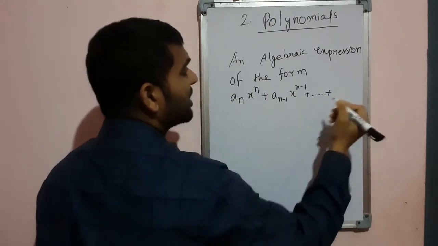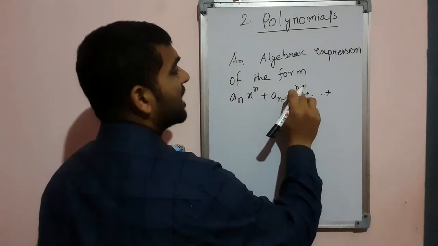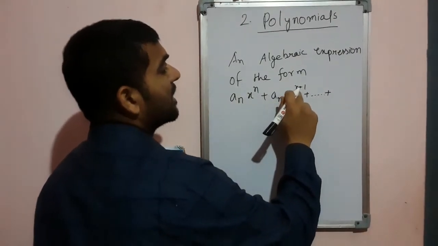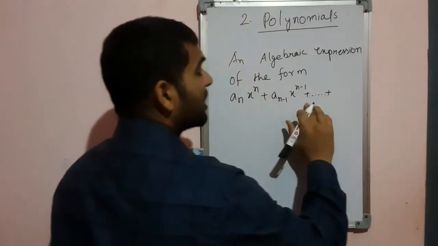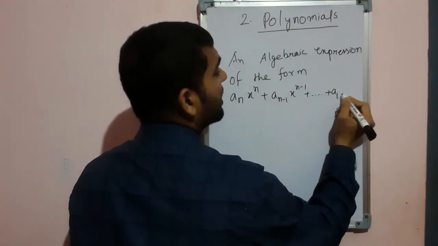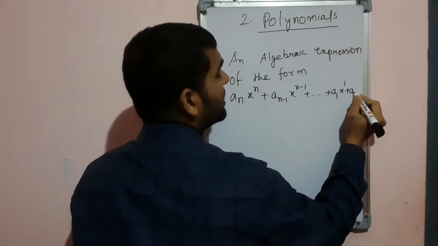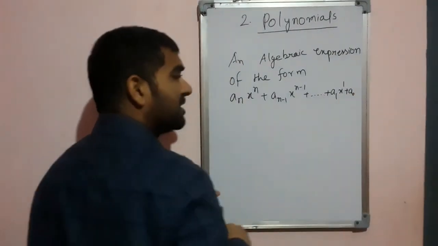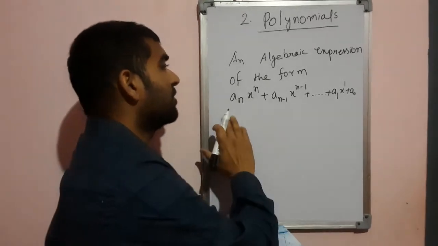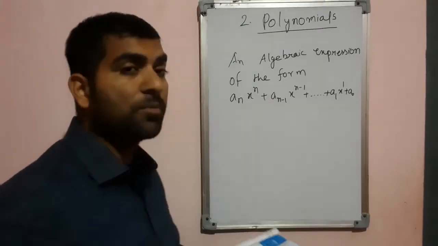It will go on for so many terms. Then a_(n-2) x^(n-2), then a_(n-3) x^(n-3). Then there are so many terms, then you can also write a_1 x^1, and the last one a_0, x^0, you know that it's 1. So any algebraic expression, if we can write it in this form, is called a polynomial.